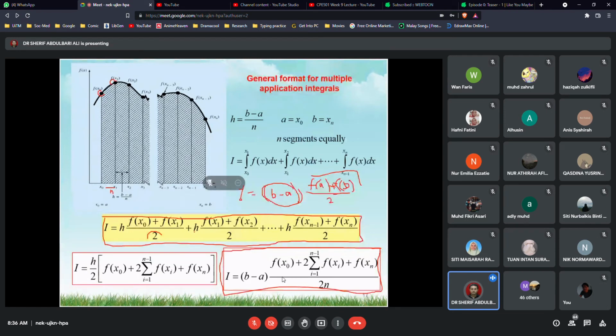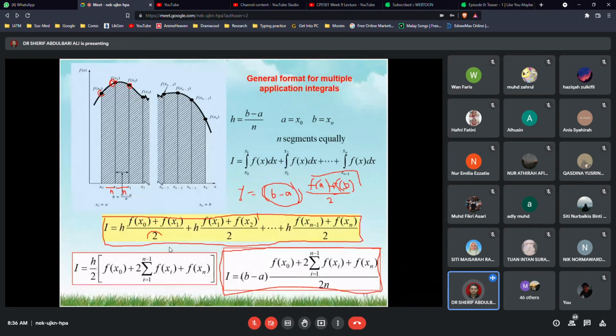Then you go for the second segment. h is from x1 to x2. This is h, and the function of x1 plus the function of x2. So you keep calculating until you finish all the segments. Or what you can do is just use this equation here, which is easier because it's just one shot.